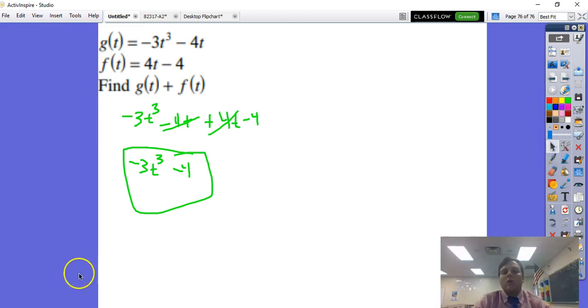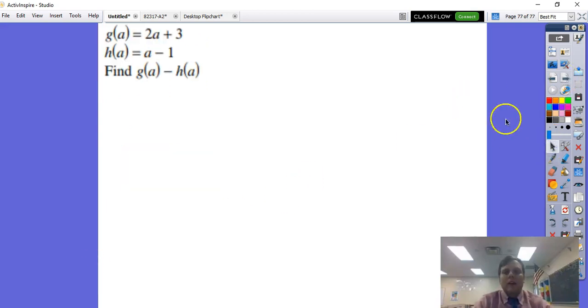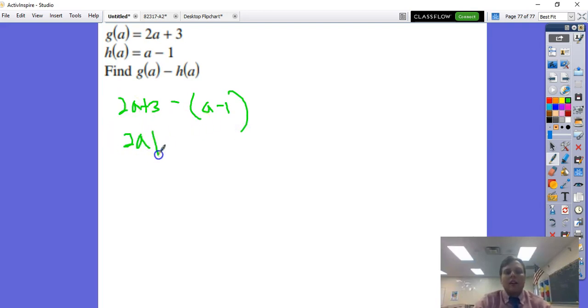Alright, let's go on to our next problem. So here's our next problem. g of a minus h of a. So here's g of a, which is 2a plus 3. Then minus h of a. Anytime it's minus in between two functions, I like to throw in a parentheses to remind myself. So I'm going to say 2a plus, and since I'm subtracting the entire h of a function, this minus sign has to distribute to both the a and the negative 1.